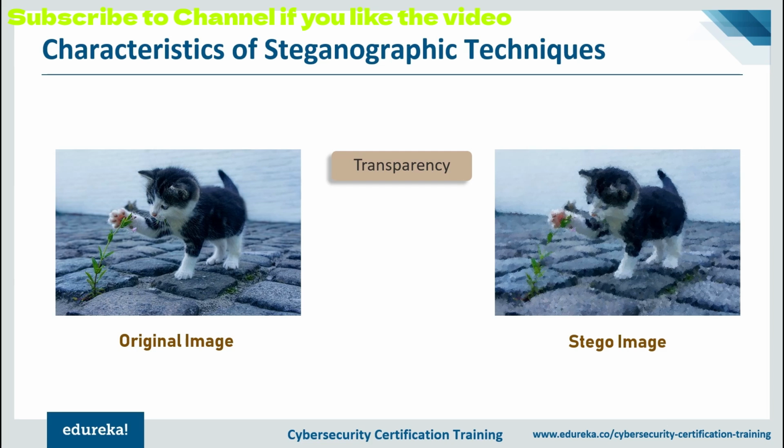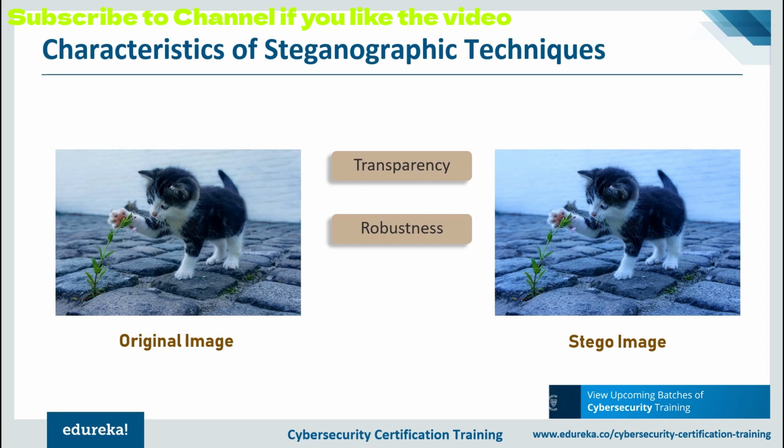If an attacker notices this distortion, then our steganographic technique fails and there is a possibility that our original message can be extracted and damaged by the attacker. That's the first feature. The next feature is robustness. Robustness is the ability of the hidden message to remain undamaged even if the stego media undergoes some sort of transformation like cropping or scaling, blurring, linear and non-linear filtering, or some other hindrance.